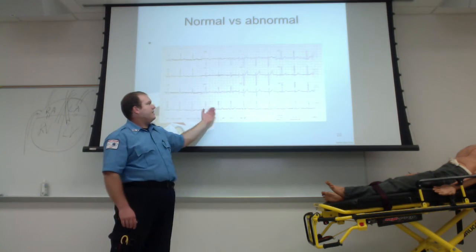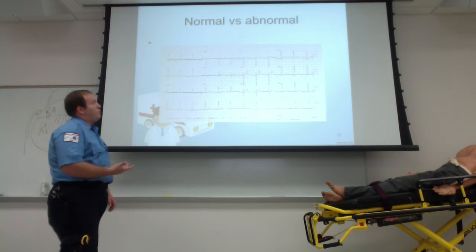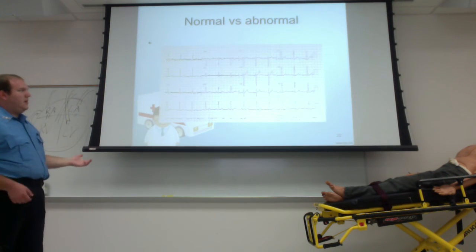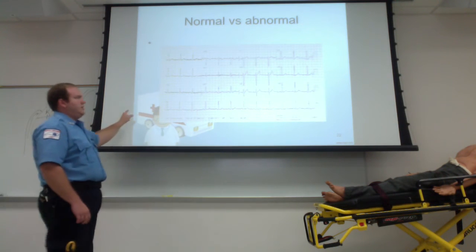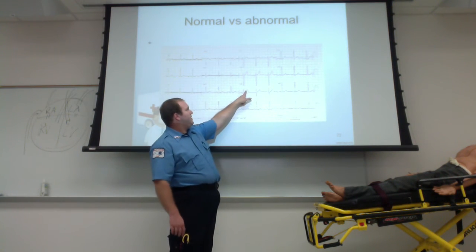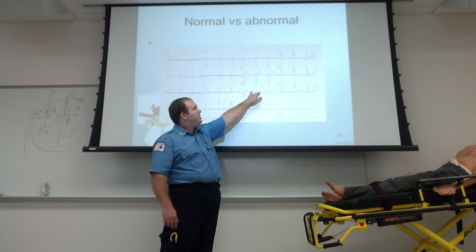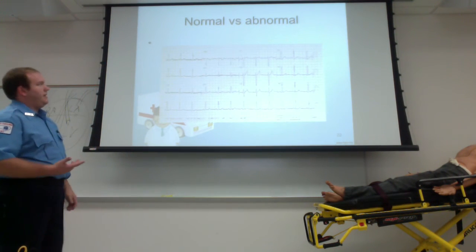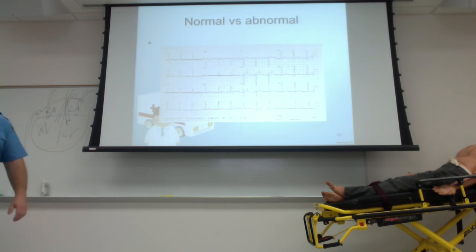And then a few seconds later, you've got your next beat. That's a very regular, normal sinus rhythm EKG. You might notice, just a little extra bonus, the extra tall T waves on the precordial leads can be an indication that he might be a little dehydrated. But don't worry about that, no big deal.